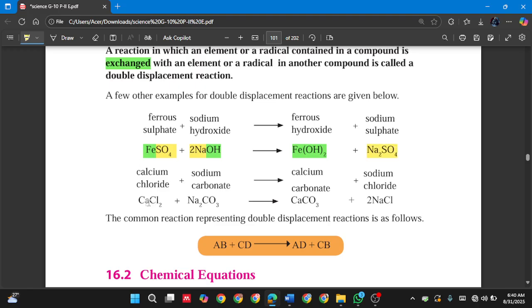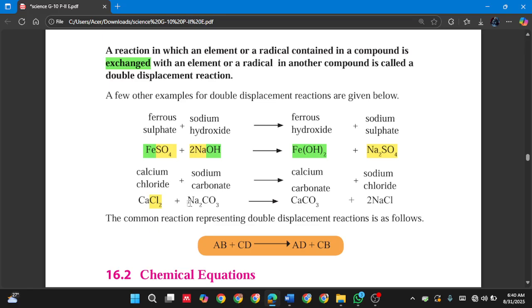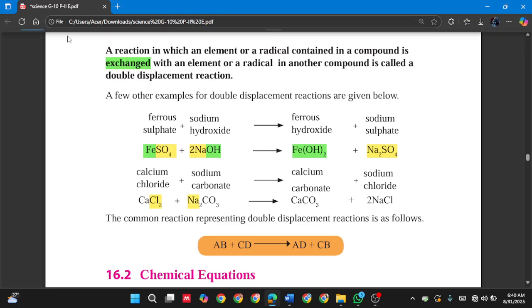Here this chloride goes with sodium and prepares sodium chloride.